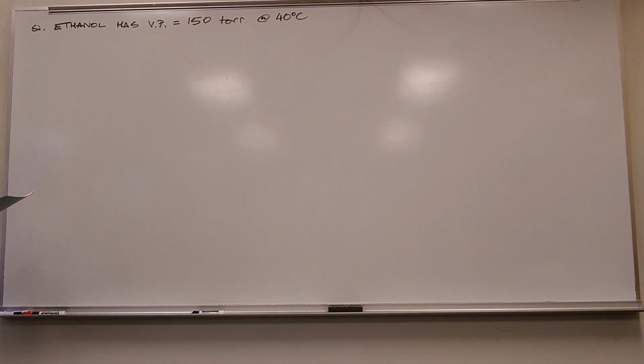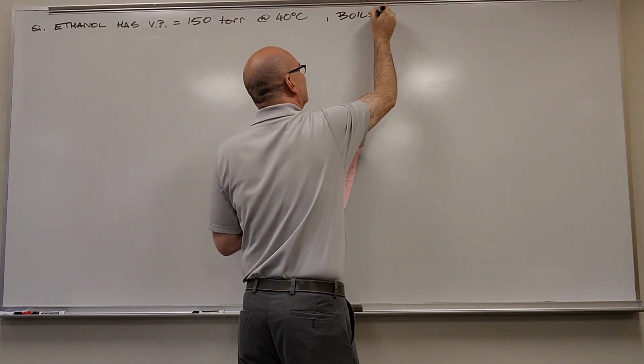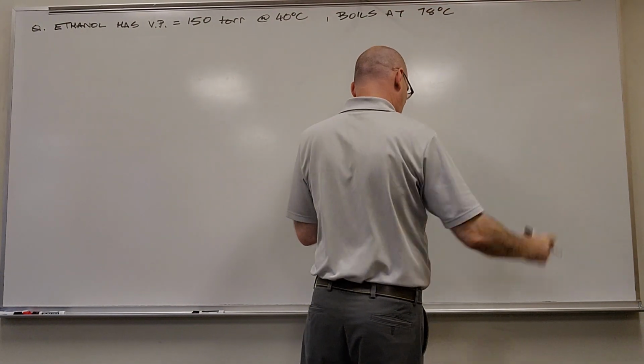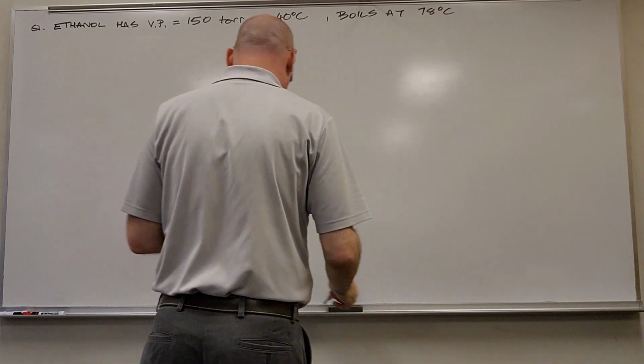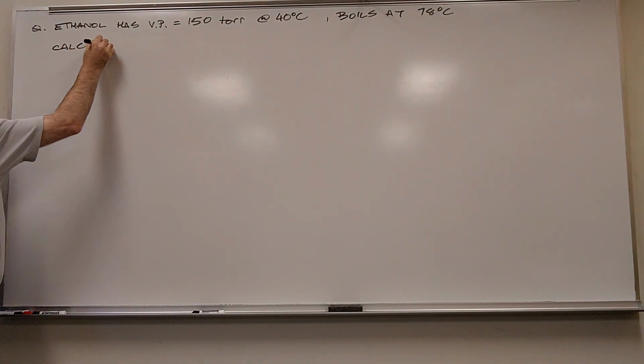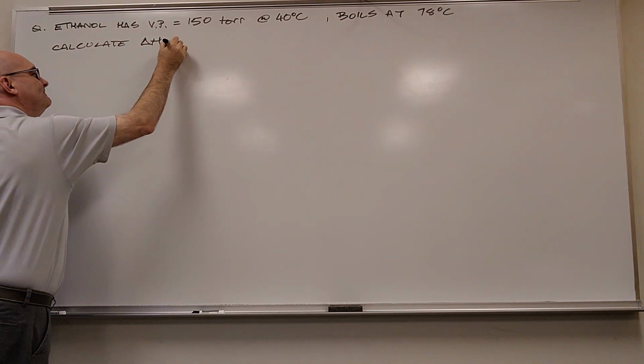Ethanol has a vapor pressure of 150 torr at 40 degrees Celsius, and it boils at 78 degrees Celsius. Calculate its enthalpy of vaporization.